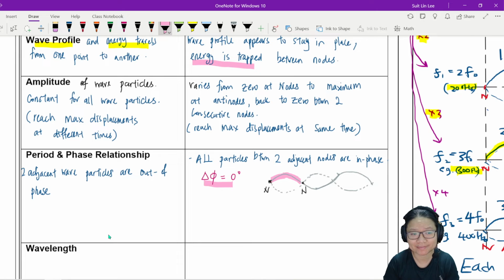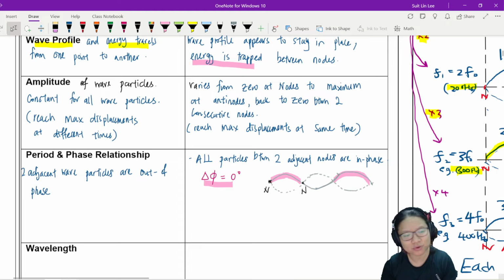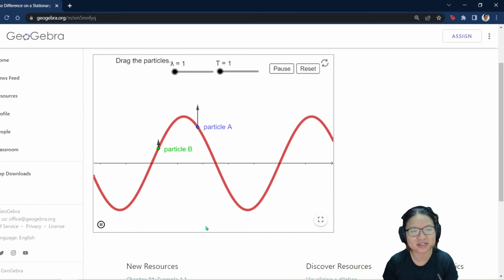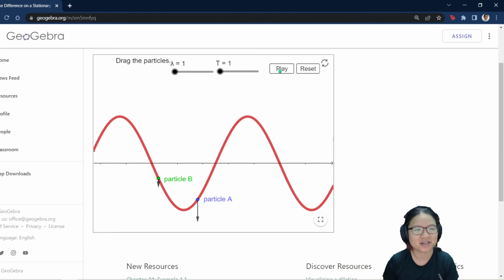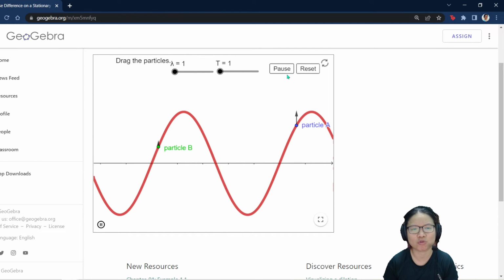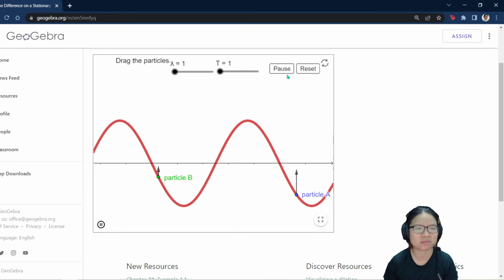Okay? And then you realize that because of the way this wave moves, all the particles from here to here, phase angle also 0. But that one, don't write a sentence. If you can visualize this, it's kind of obvious. Okay? So if you check out this loop, and check out this loop, not the neighbor one, the next one like this one, you realize that this particle A and B are also in phase, or move together all the time.